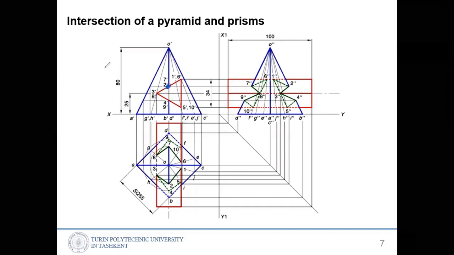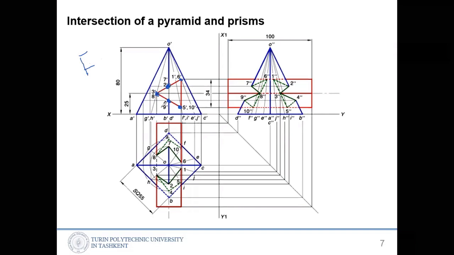In our case, it's the front view. In different examples, it might be a different view. So you select this kind of view and make points: point 2 and 7, point 1 and 6, and point 5 and 10. Make several points here, and then try to find those points in other projections.